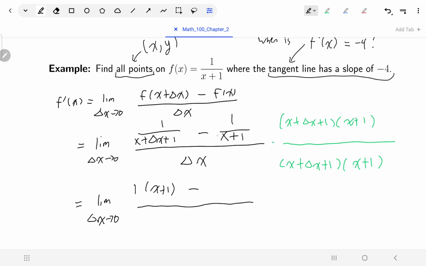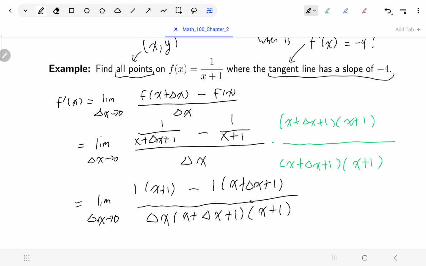And for the second fraction, the x plus 1's cancel, leaving x plus delta x plus 1. For the bottom, I'm not going to bother expanding things because eventually we're going to be letting delta x get close to 0, and simplifying might be easier afterwards.